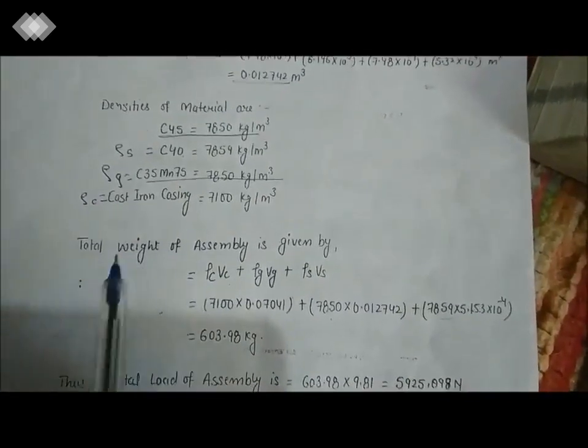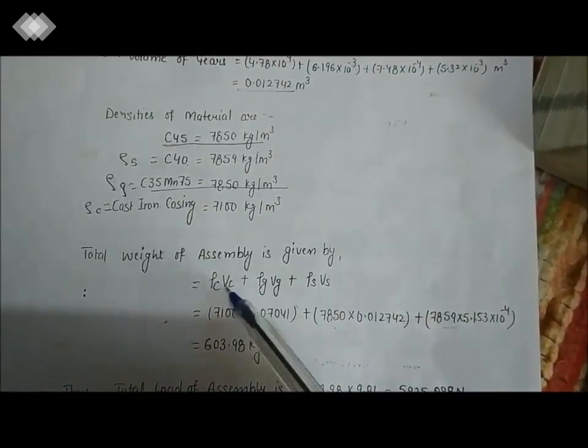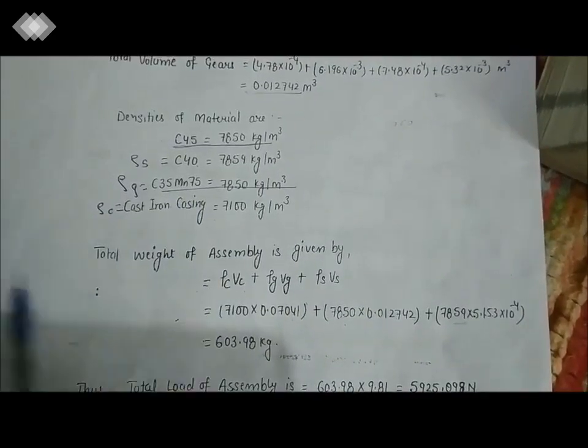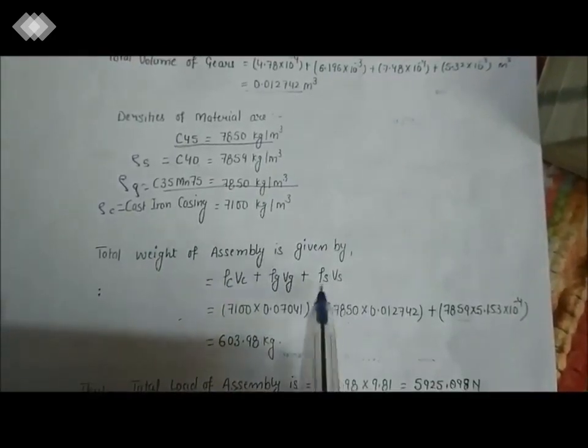It is nothing but density into volume of all parts of the assembly: density into volume of casing, density into volume of gear, density into volume of shaft.